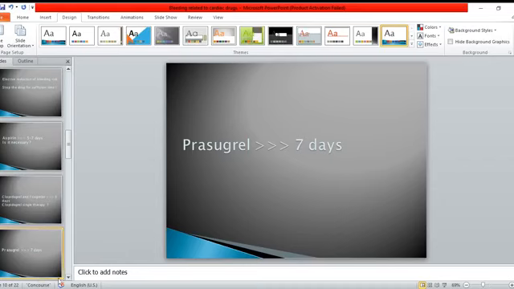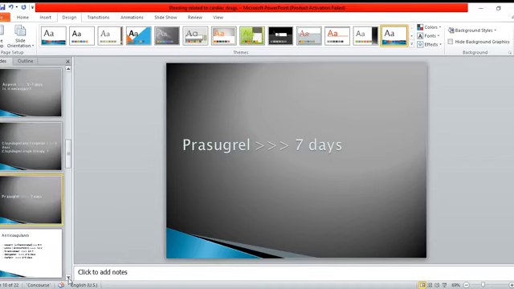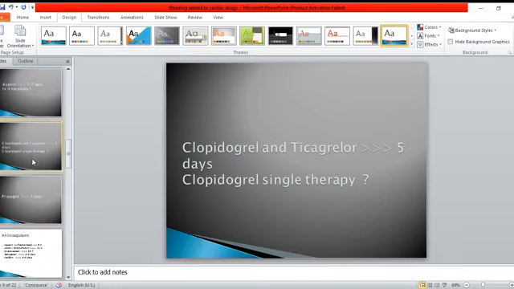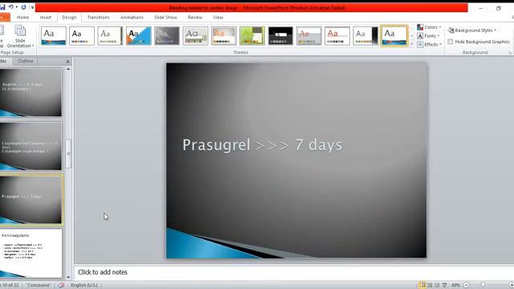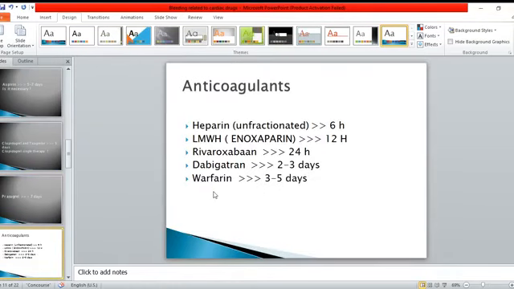Prasugrel, we need at least 7 days to stop before surgeries. So clopidogrel and ticagrelor, 5 days. Prasugrel, 7 days.